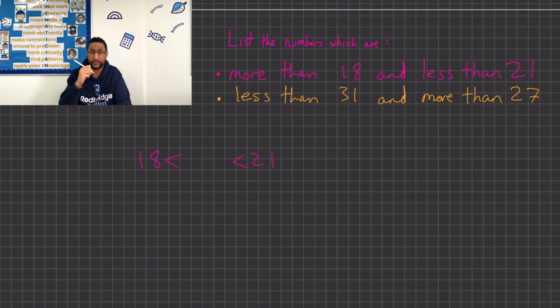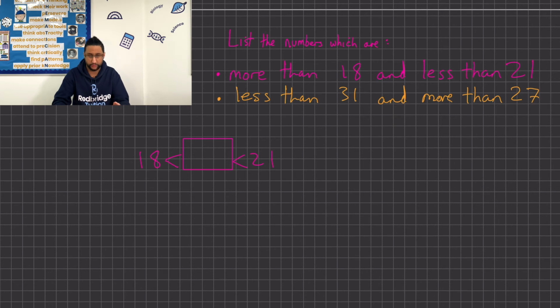So if you remember our previous example, it's similar to that, except in the middle we have a list of numbers rather than just one number. So think about which numbers you can think of that are in between 18 and 21. If we start from 18, we're not going to include 18 because it says which ones are in between.